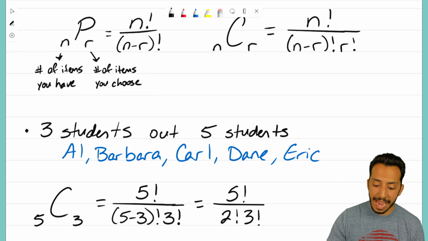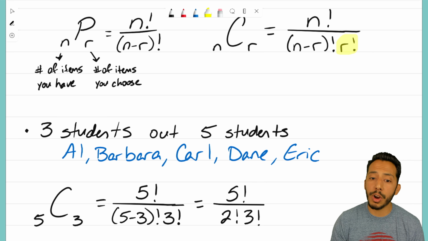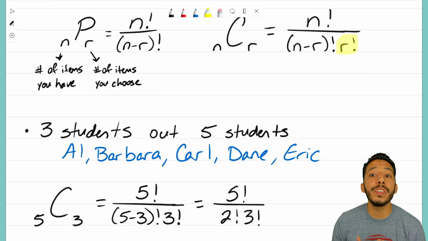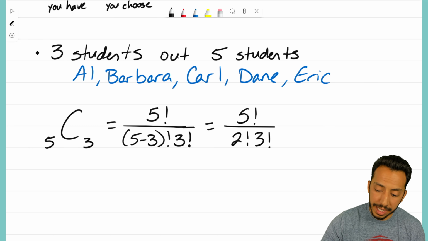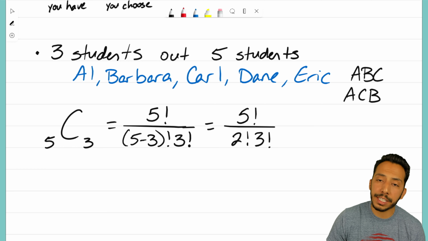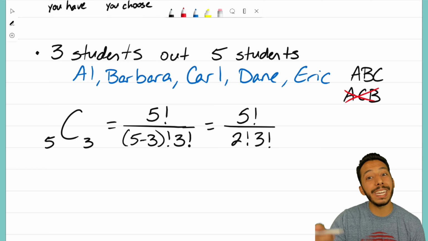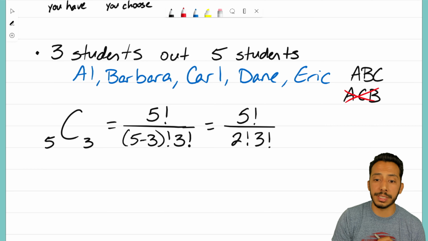The reason why we have that r there, I'll highlight it again, is because it's removing those duplicates that we just talked about, right? There is no difference from me picking ABC or me picking ACB. Having this 3 factorial on the bottom, making it a combination and not a permutation, removes those extras.